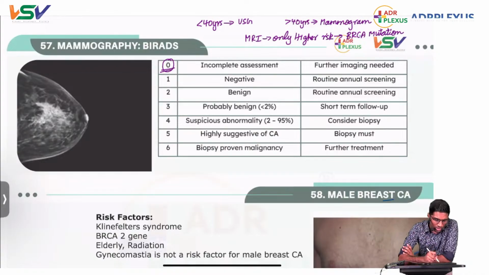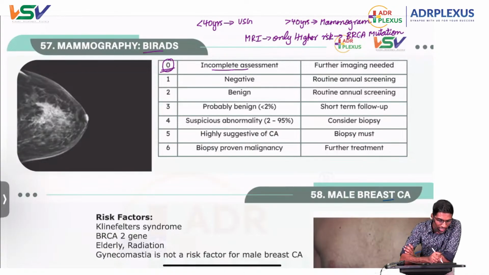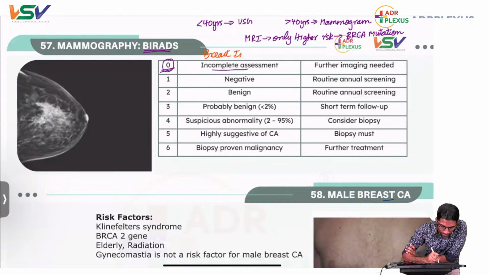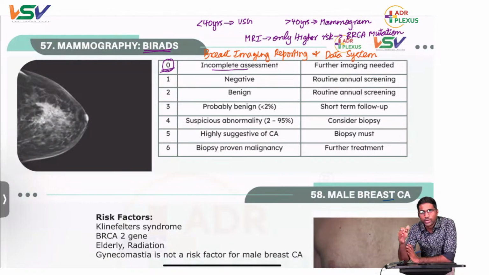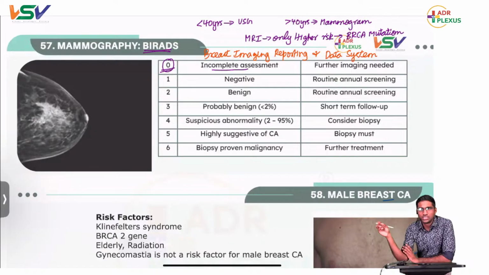So BIRADS 0 is incomplete assessment. BIRADS full form I'll tell you. It is Breast Imaging Reporting and Data System. Similarly, we have PIRADS for prostate and LIRADS for liver.